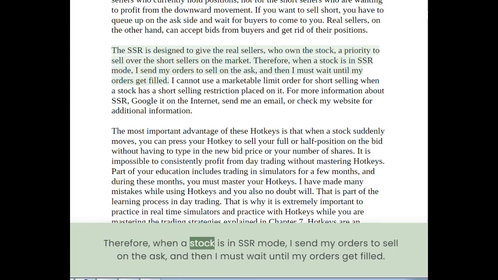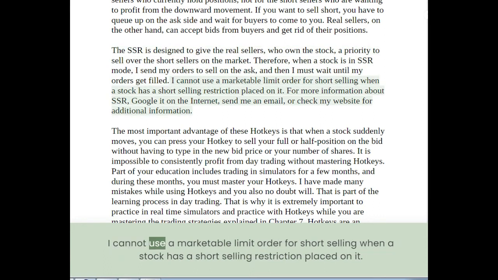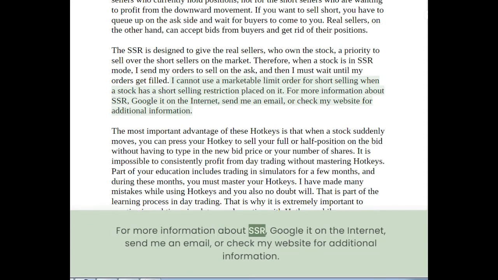Therefore, when a stock is in SSR mode, I send my orders to sell on the ask, and then I must wait until my orders get filled. I cannot use a marketable limit order for short selling when a stock has a short selling restriction placed on it. For more information about SSR, Google it on the internet, send me an email, or check my website for additional information.